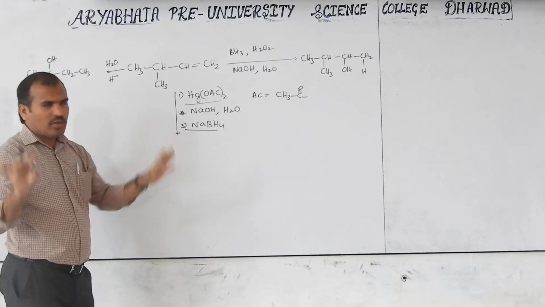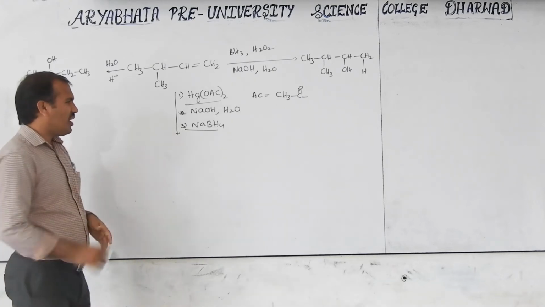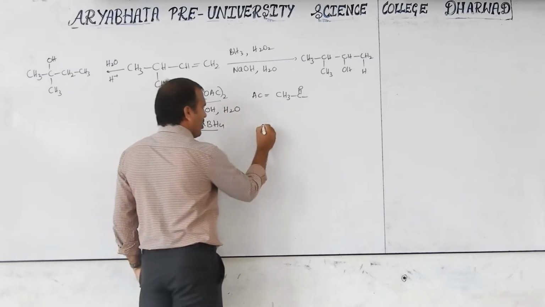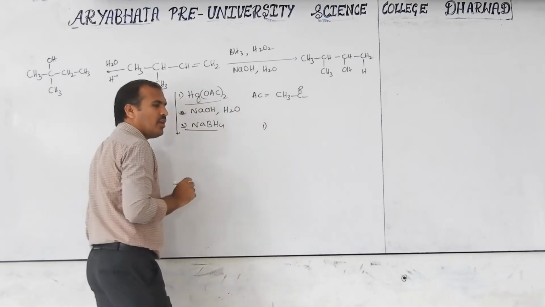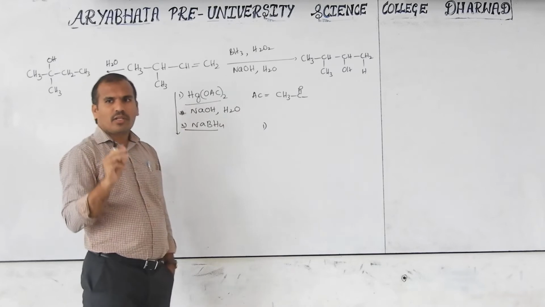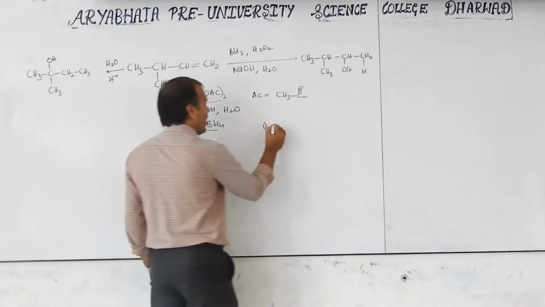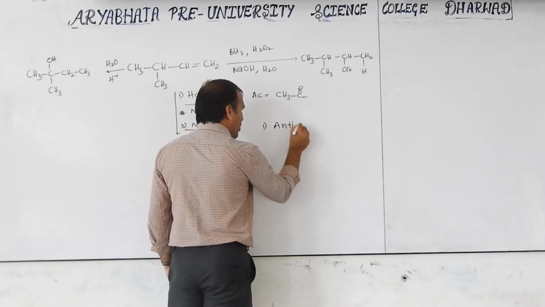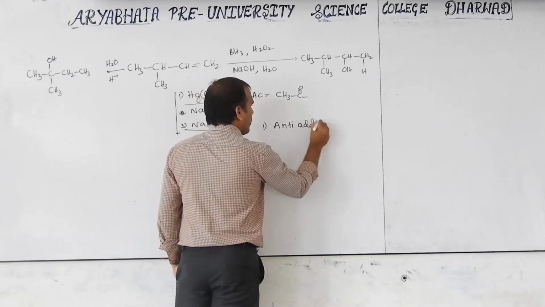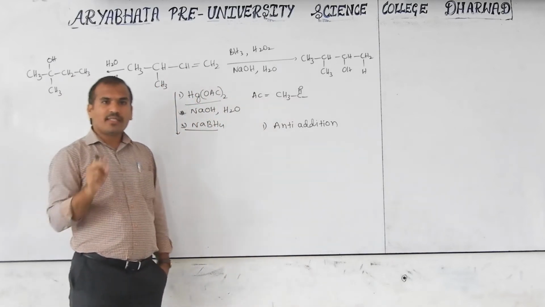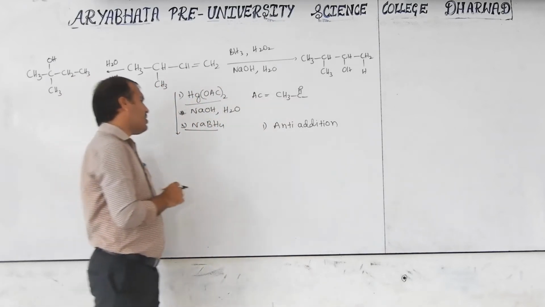So that detail I am not discussing here. I am only giving the simple steps. Whatever I gave in the BSc, here also I will give the 3 points. First one: what is that? Syn addition in BSc, but here anti-addition. Anti means opposite.